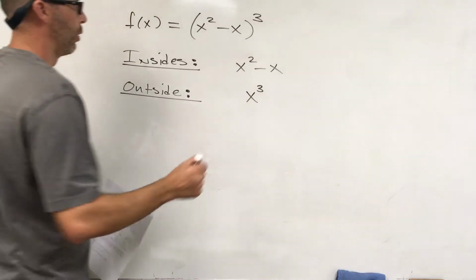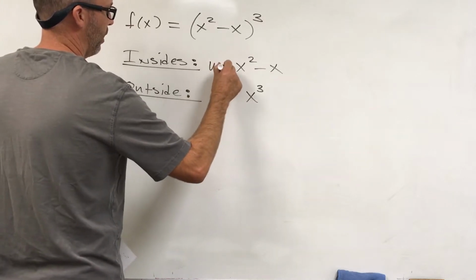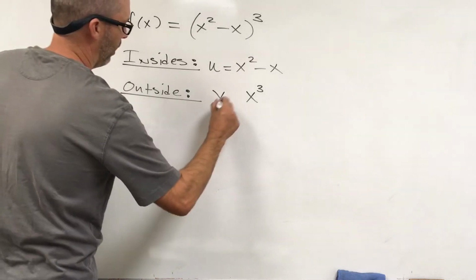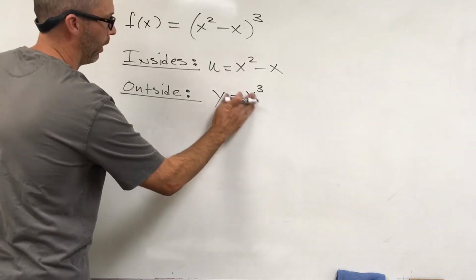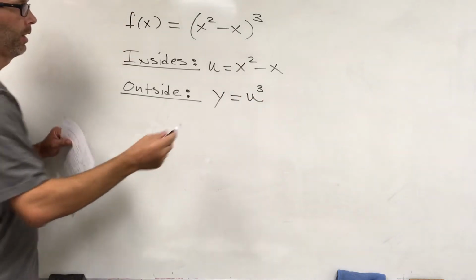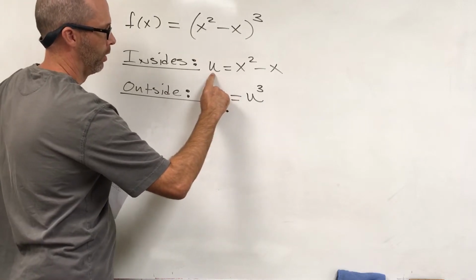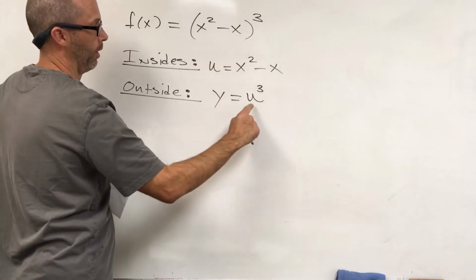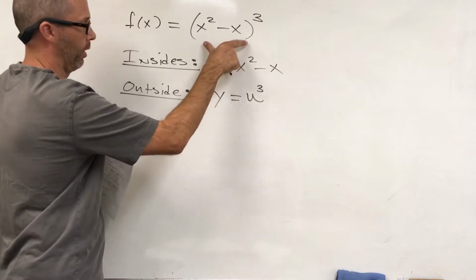Okay, so when we do this, we're going to give x squared minus x the label u. All right, and so it doesn't make sense to have an x cubed here. We're going to make this a u. Now notice that if you were to in fact insert u equals that in there, you'd get that back, right? Take this and put that in for u, you would get that back.